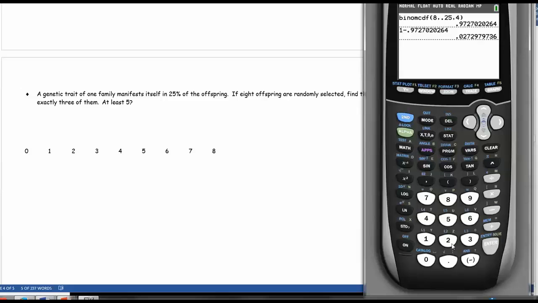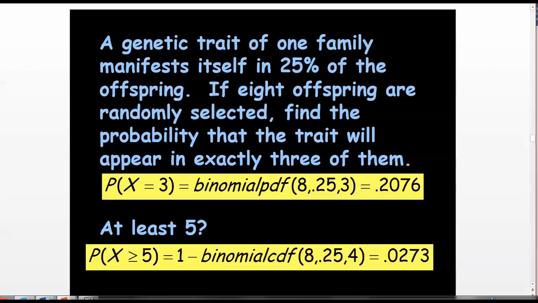So I'd expect in about 3% of the cases, I would be able to find 5 children or 6 or 7 or 8 children that have this particular genetic trait. Okay.